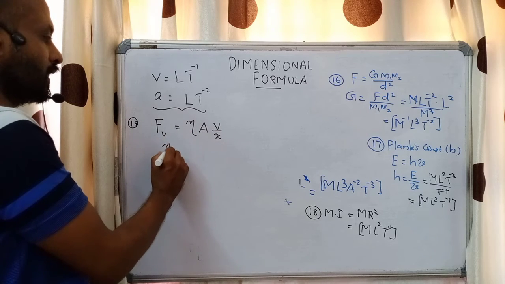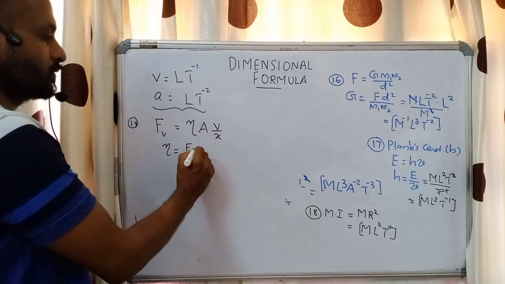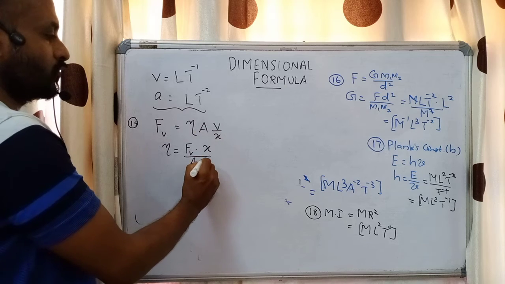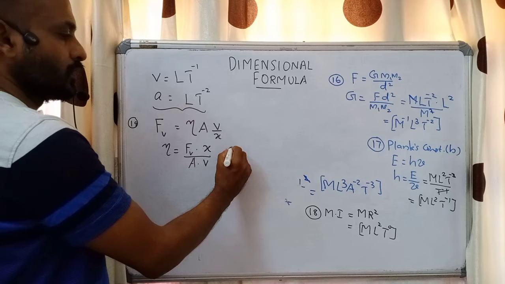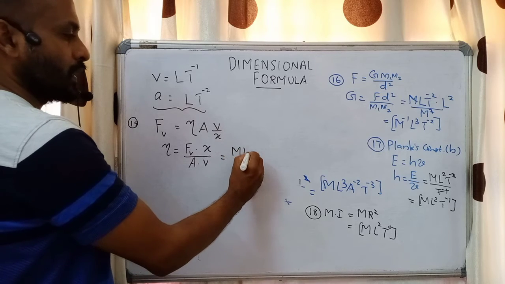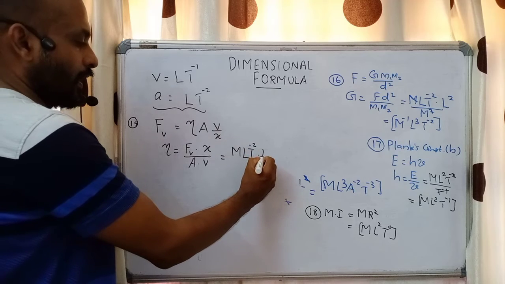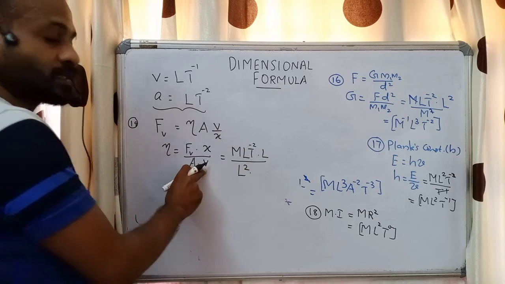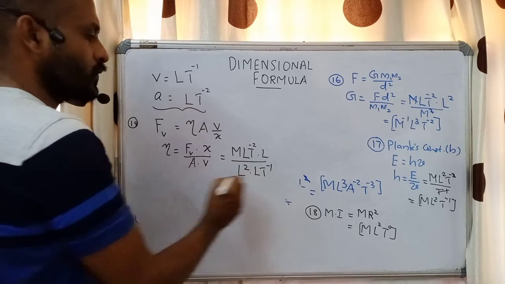What is the dimension formula then? Eta is equal to Fv, a force, times X divided by area into velocity. So we will get the dimension formula now. Force, we know, is mass into acceleration, MLT⁻². X is a distance, so we write L. Area is L square. For velocity, we have LT⁻¹.